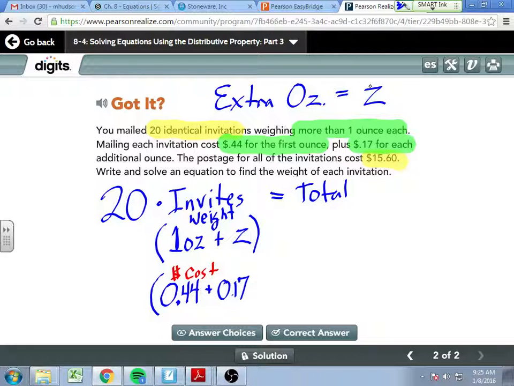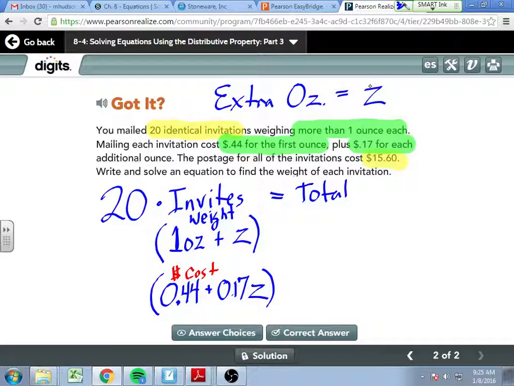So we can evaluate the weight by saying it's 1 ounce plus the extras. Then we can convert it to cost. The first ounce is 44 cents. Every ounce after that is 17 cents. And I don't know how many extra ounces there are.